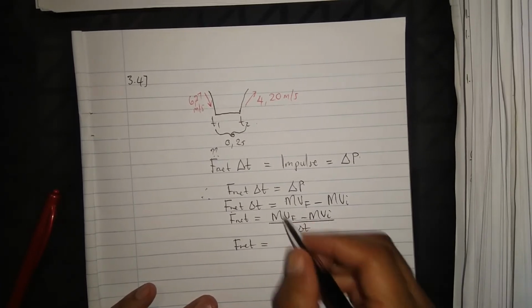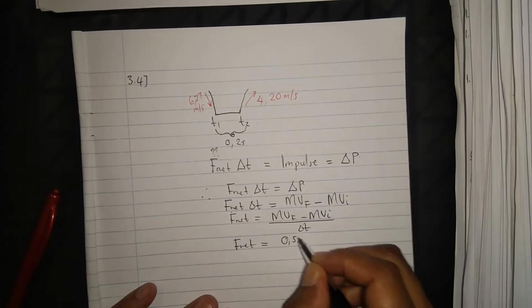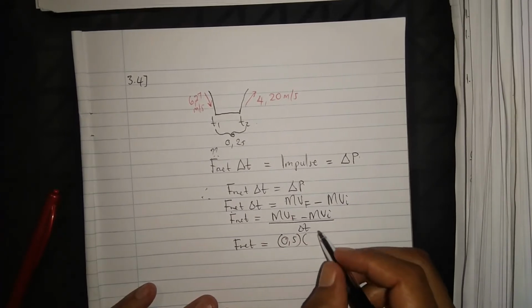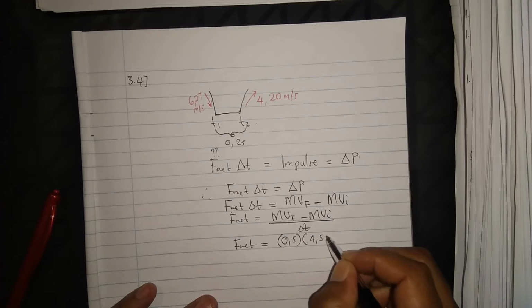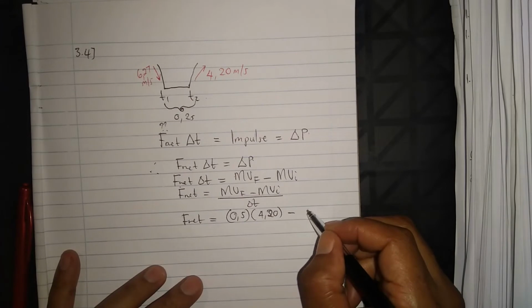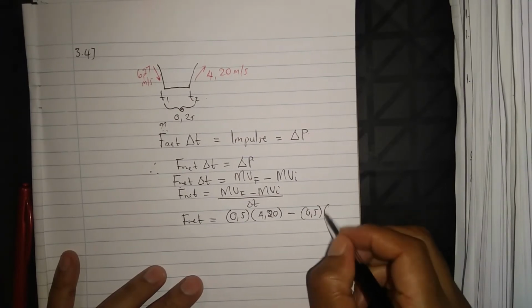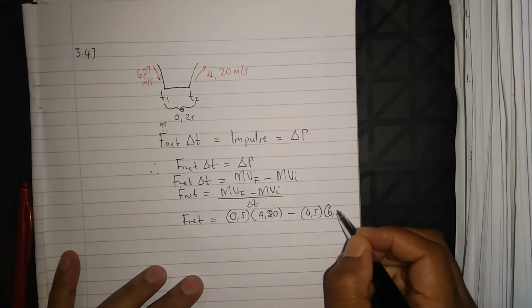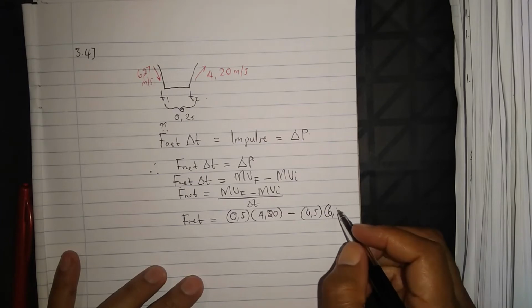What's the mass? It's 0.5. Final velocity is 4.20 minus 0.5 times the initial velocity, which is 6.27.